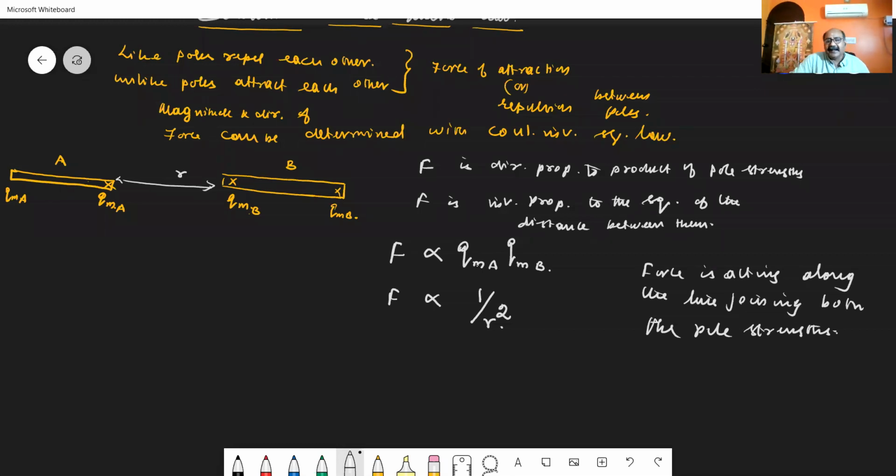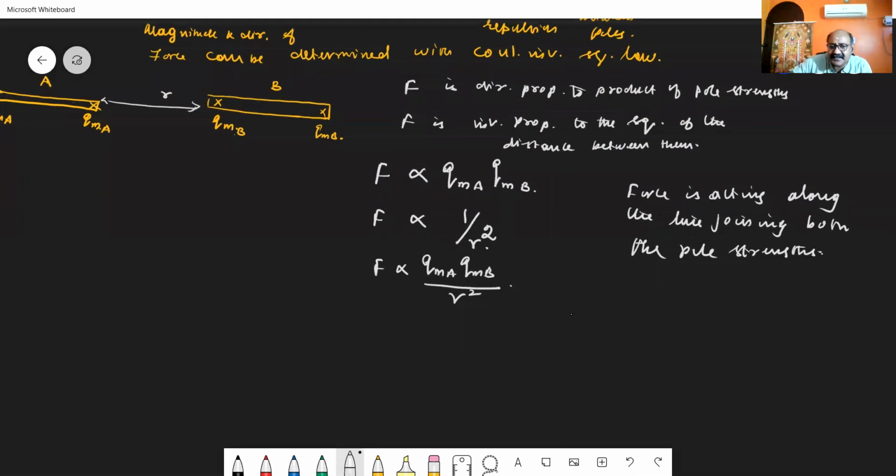So when I combine this, how can I write it? On combining this, I can write that force is directly proportional to QmA times QmB divided by r squared. On removing proportionality, I have to introduce a constant. So I can say F equals K QmA QmB divided by r squared.